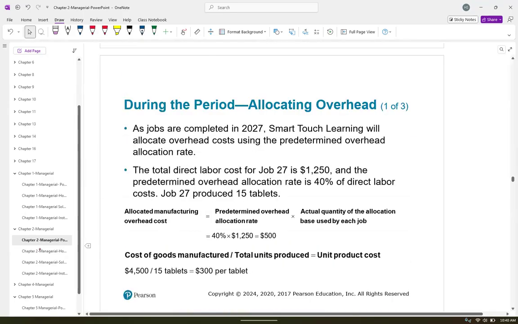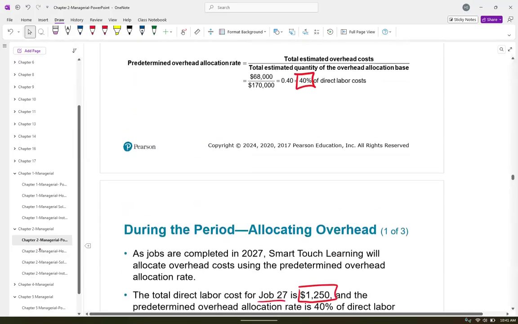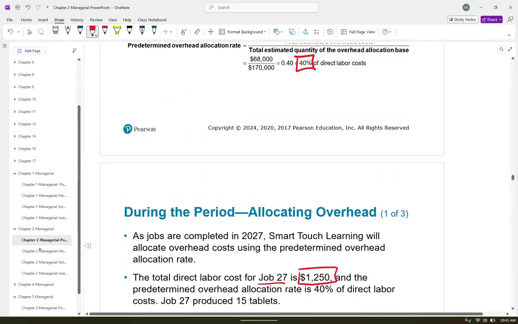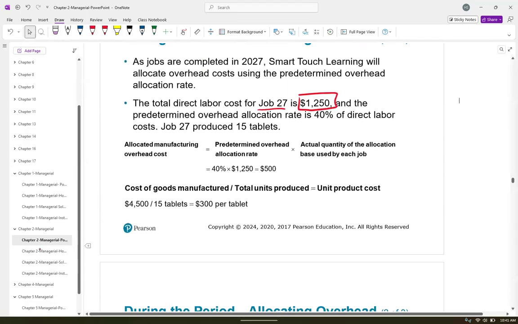Yes. All right. So they said as jobs are completed in 2027, Smart Touch Learning will allocate overhead using the predetermined overhead allocation. The total direct labor cost for job 27 is $1,250. They didn't give us hours because we didn't use an hour number to calculate that base. We used it based on dollars, so it will be a percentage.